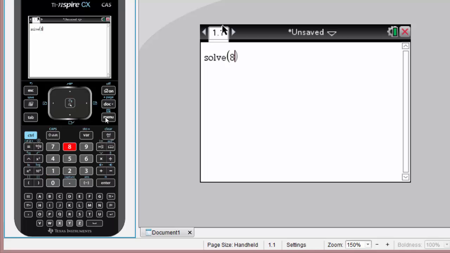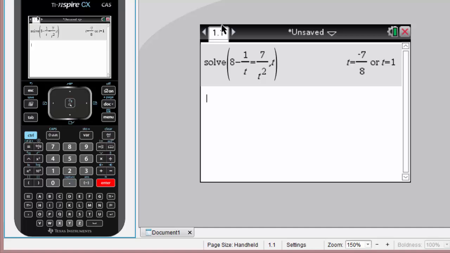We want to solve 8 minus 1 over t equals 7 over t squared. And we want to solve that for t. And you'll notice we get the same answer.